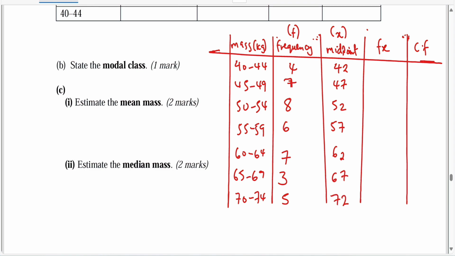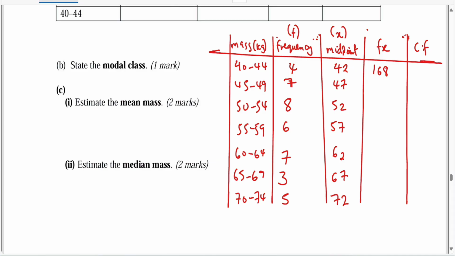Sawa? FX yako sasa. FX nadhani yote mjua FX nini. Unless sasa kuna mwanafunzi ambaye hajui FX nini na hashaangalia hii video nzima. Itakuwa ni mitihani. Haya. So FX ni F times X, which is 168 here.